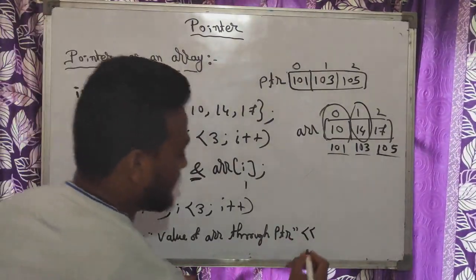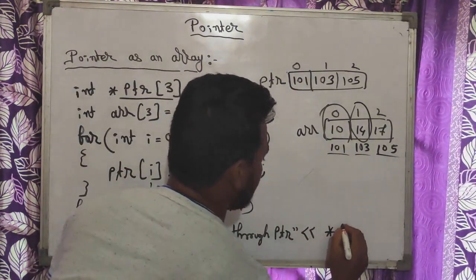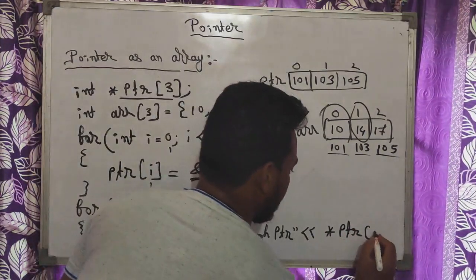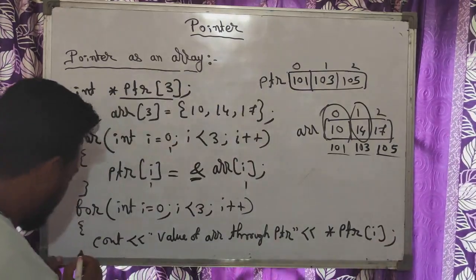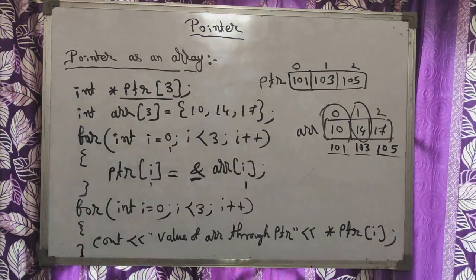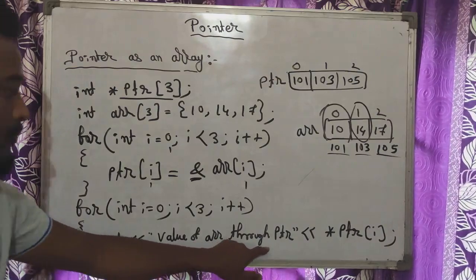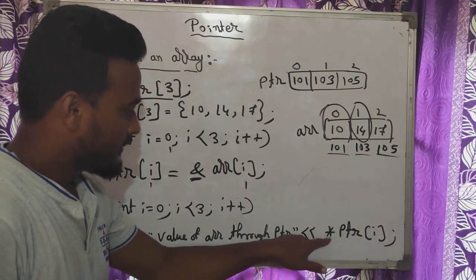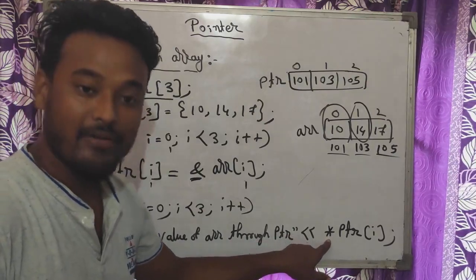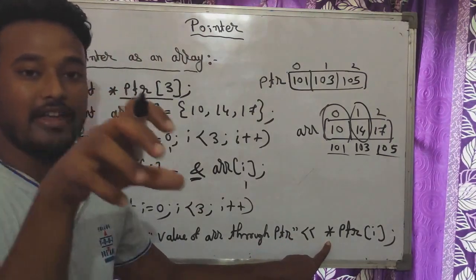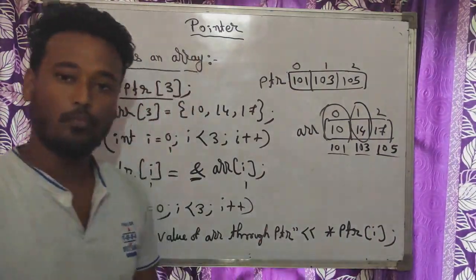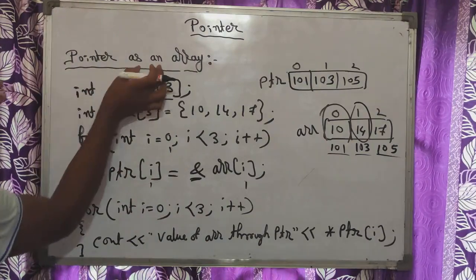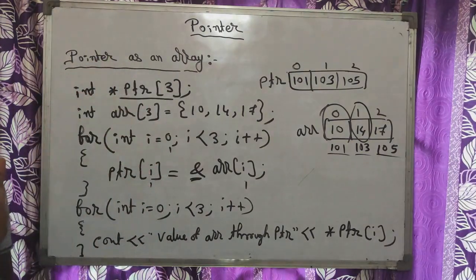How are we going to do it? Asterisk ptr[i]. Look closely. The value of the array through the pointer you can give here, equal to whatever you want. You can see here I am dereferencing. Dereferencing means we are getting the actual value through this pointer. So this is how an array in pointer actually works.